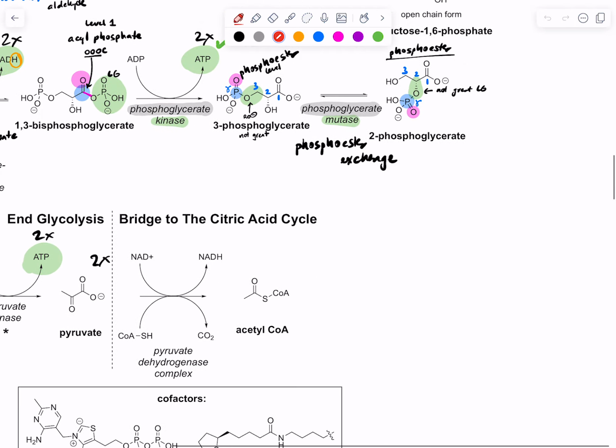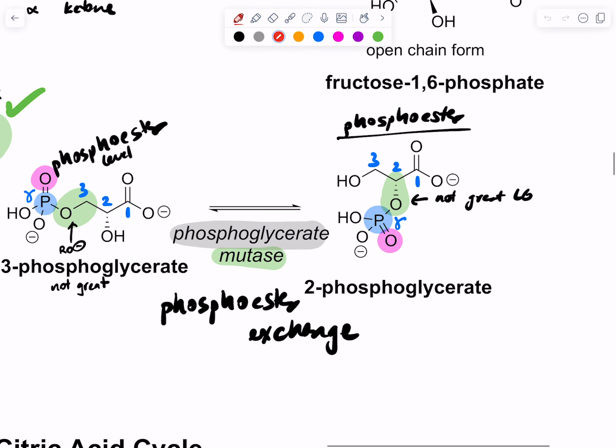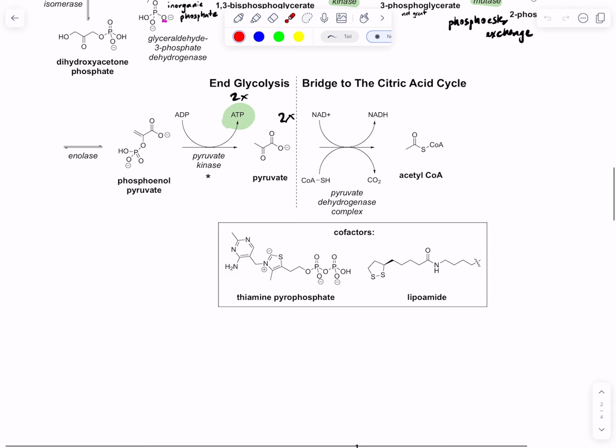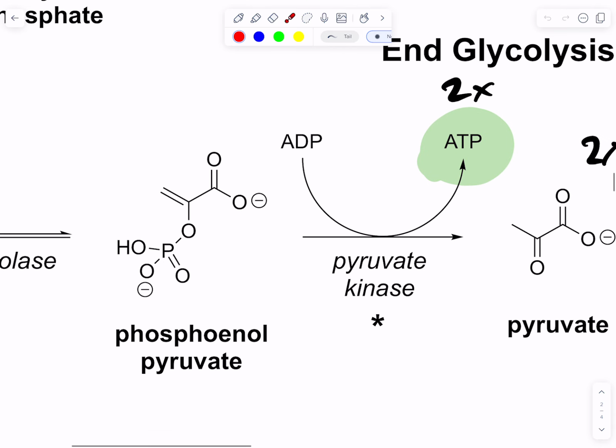Remember that our big problem up here and before is that the phosphoryl group that we want to attach to ADP isn't attached to a great leaving group. So we needed something that's a better leaving group. Our solution was, well, let's just do a dehydration reaction. So now we have phosphoenol pyruvate. So the question is, what about that? Is that a great leaving group or what?